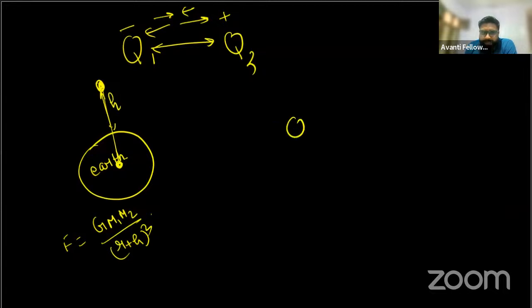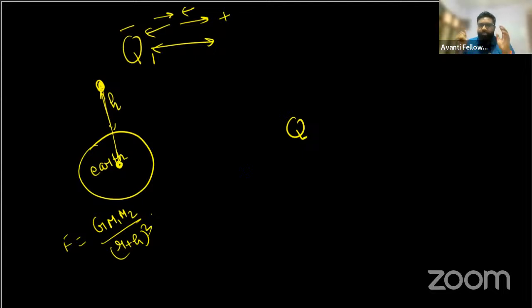Suppose we have a charge q here. Depending on the magnitude of its charge, how large or small, similarly how small or large a mass is, the attraction of other masses will depend on that.